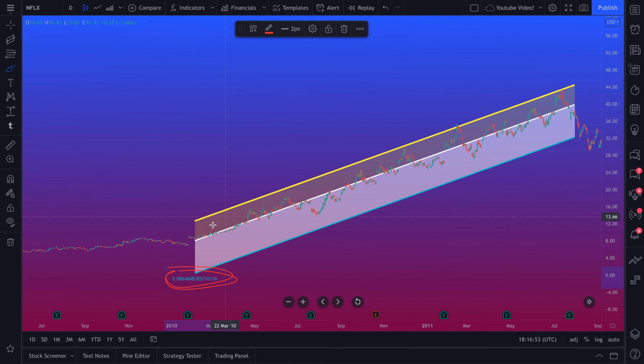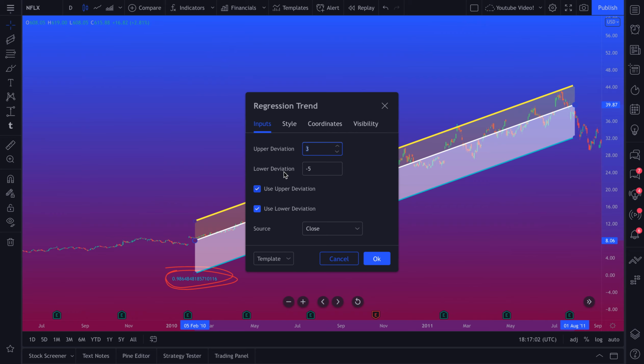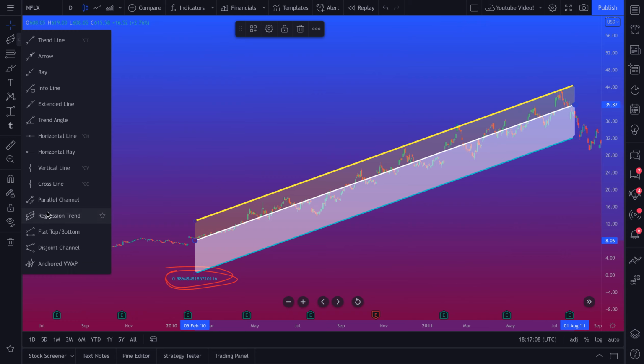So the regression trend is taking all price information from your starting point to this point, getting you your Pearson's R, and actually showing you some standard deviation bands as well. So now you can combine, this is super unique in the sense you can combine your drawing of a parallel channel with a regression trend, and you can compare and contrast the two.